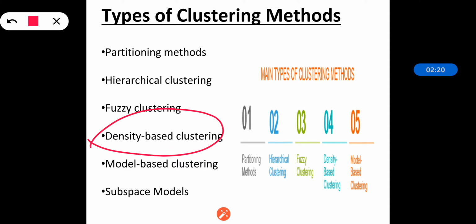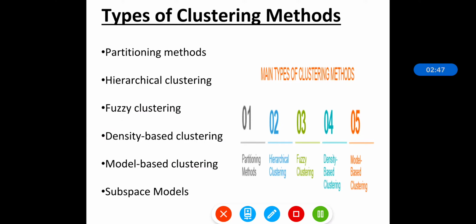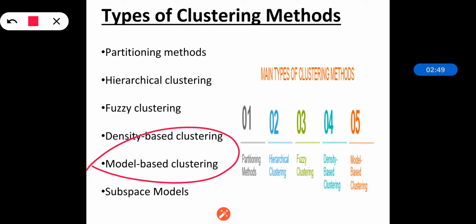We are identifying the unique clusters in data, where a contiguous region of high point density is considered. The clusters are separated by regions having low point density, and that's why it is called density based clustering.